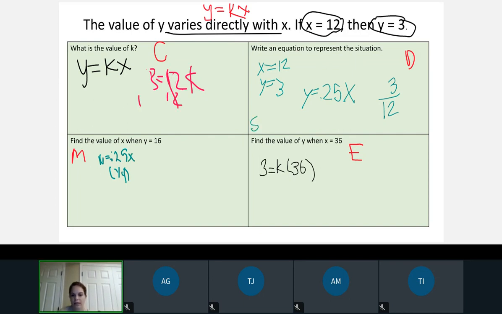And then Evelyn, on yours, for this one down here, we're trying to find y. So what you're going to do is let y be the same. And then, because we're going to try to solve for y, instead of k, you're going to put your rate there.